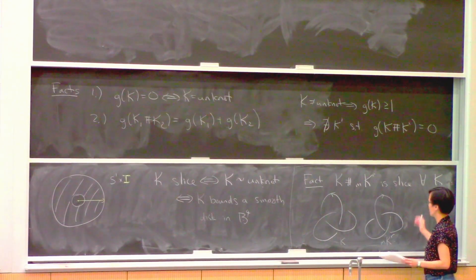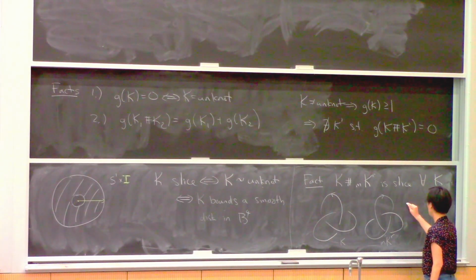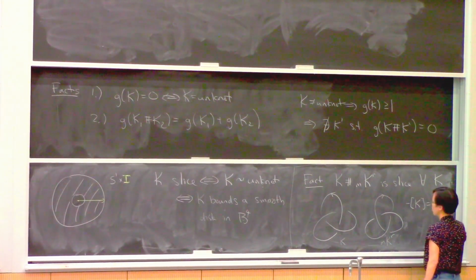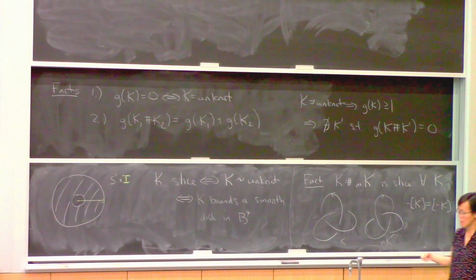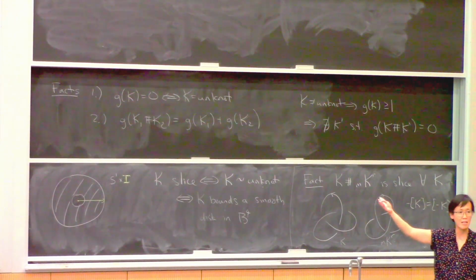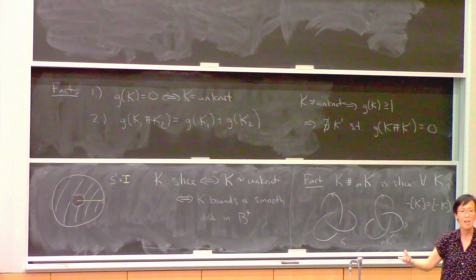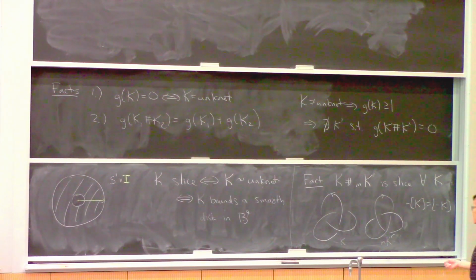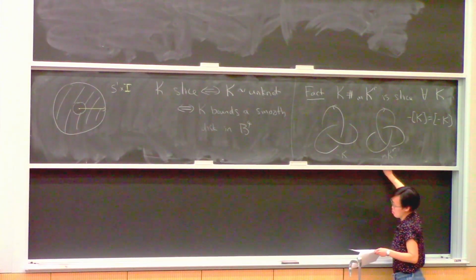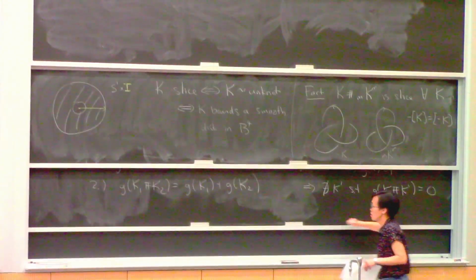So this fact tells us that the inverse of a knot is in fact just the reverse of the mirror image. Because what is the inverse? The inverse is something that you connect sum with your element to get the trivial element. In this case, the trivial element is anything in the equivalence class of the unknot, and those are exactly slice knots.